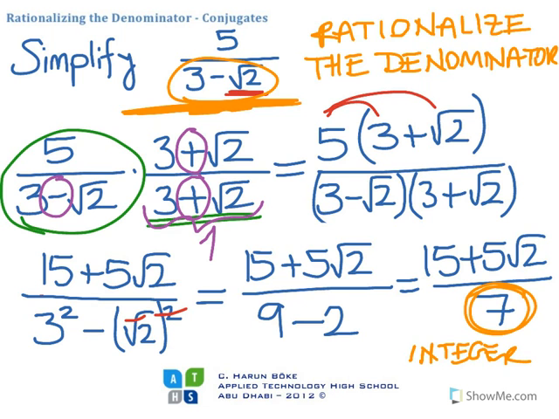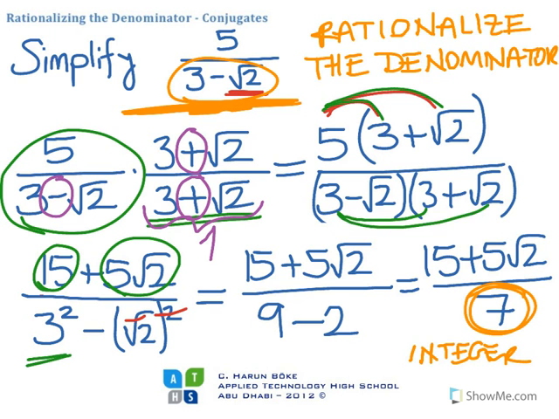Then I perform the multiplication, so it is 5 times 3, 15, 5 times root 2, 5 root 2, and in the bottom part it is 3 times 3, 3 squared, 3 times root 2, it's 3 root 2, minus 3 root 2, they cancel each other out, and minus root 2 times plus root 2, you have minus root 2 squared.